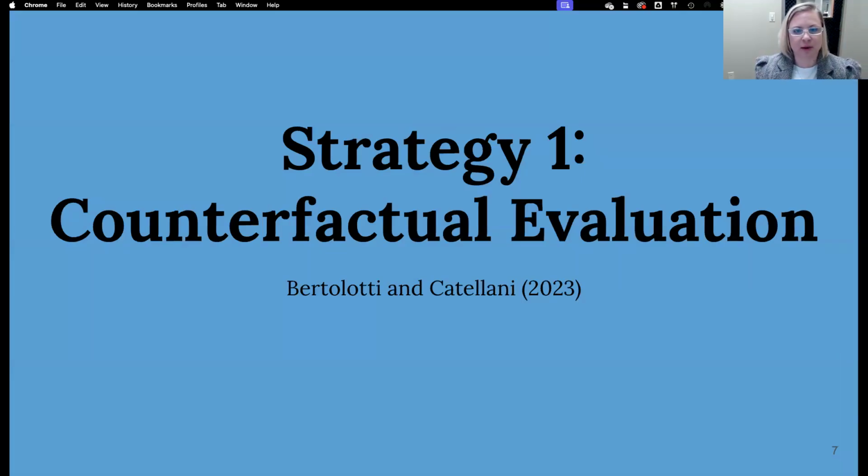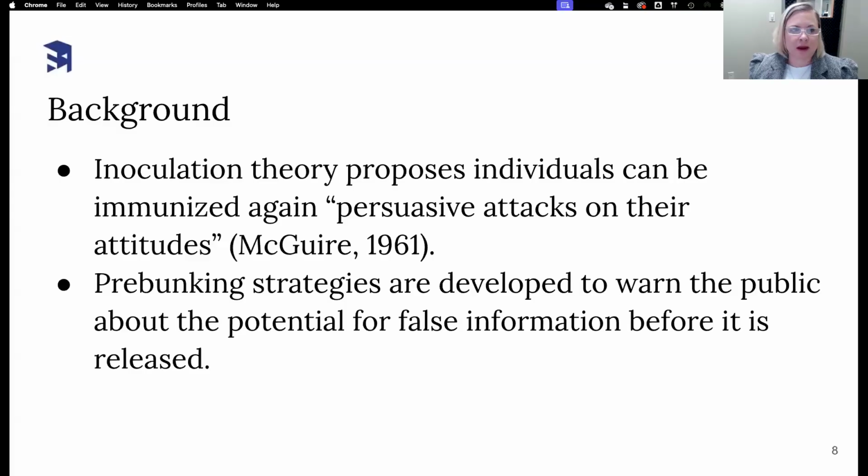So first we'll talk about counterfactual evaluation. First of all, inoculation theory proposes leaders, writers, and scholars can attempt to immunize the public against disinformation or misinformation, similar to being inoculated against a virus, in the hopes of stopping the spread of fake news.